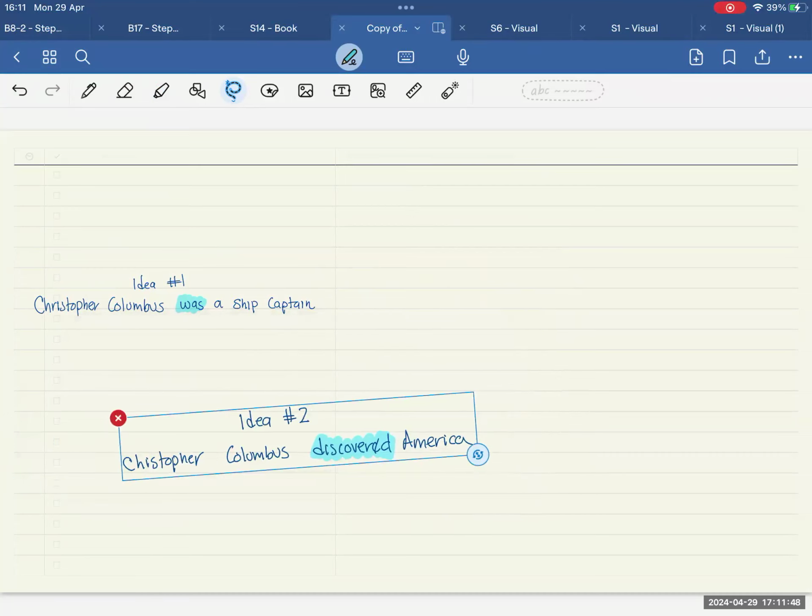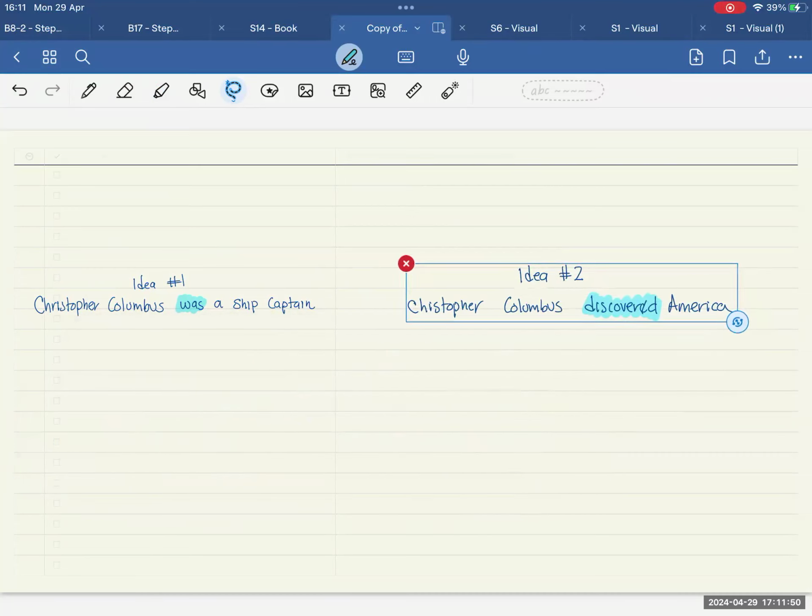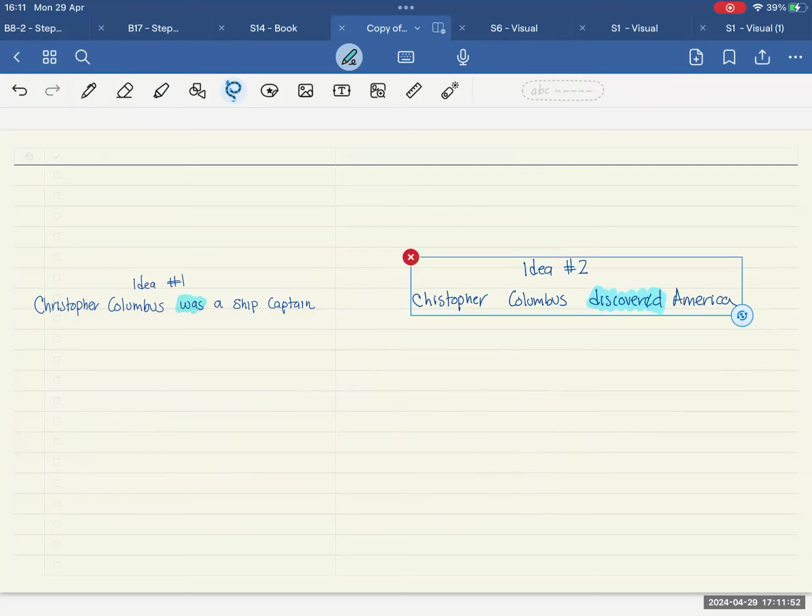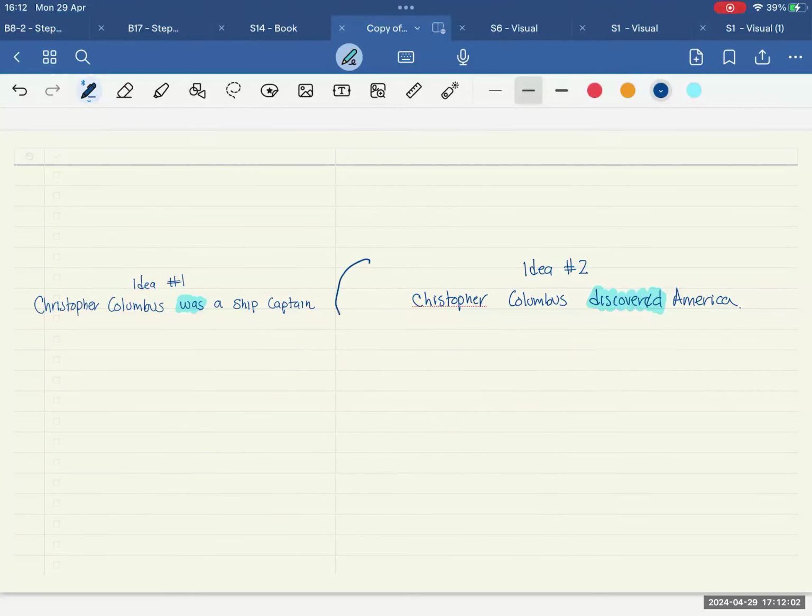Two ideas, long ideas, but two ideas, right? And remember what is the element that is necessary in here? The connector. Thank you, Regina, the connector.